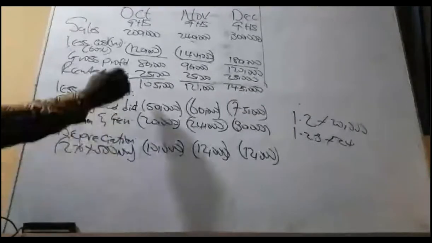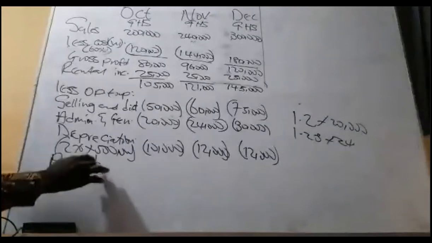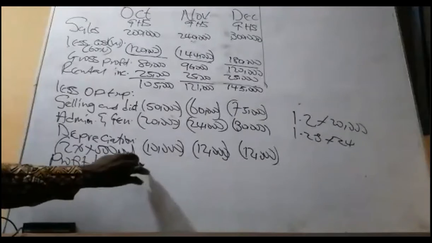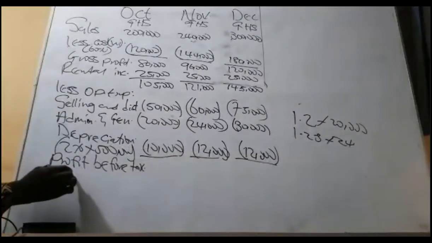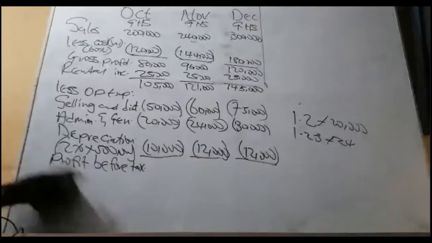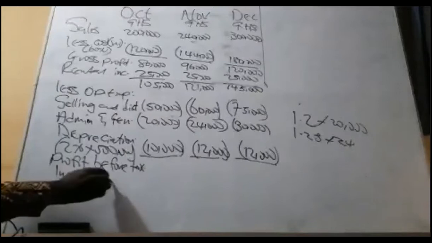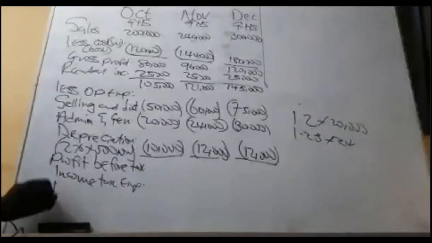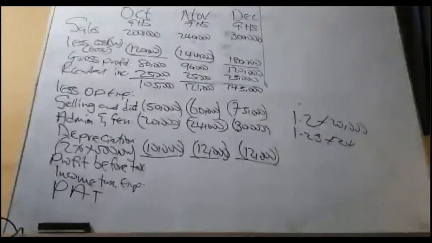So taking off from this, you get what you call profit before tax. Then after that, income tax expense. Then the net profit, that's profit after tax. We are done.